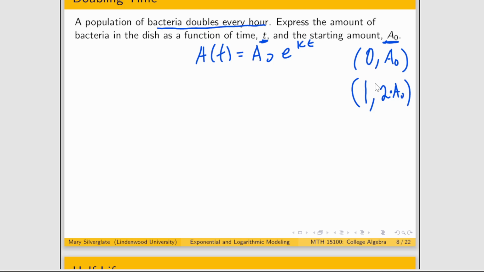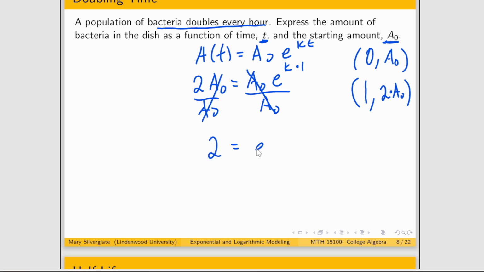So let's actually just try plugging this in and see what happens. So we still have A naught stays as is, and then I can plug in the point: 2 times A naught is equal to A naught e to the k, and then time would be 1 at that point. And then what do you notice happens with these A naughts? Well, I could divide both sides by A naught. That makes 1, and that makes 1.